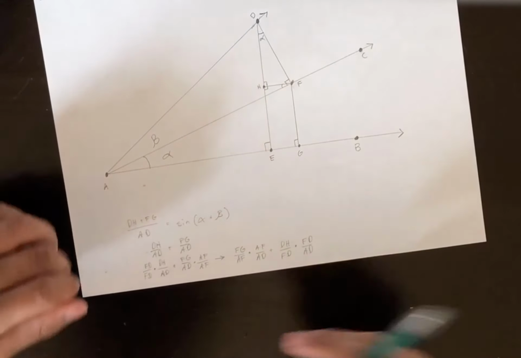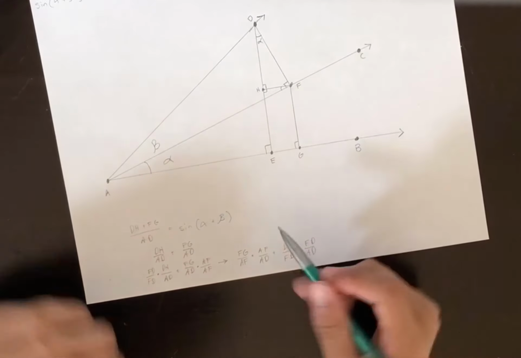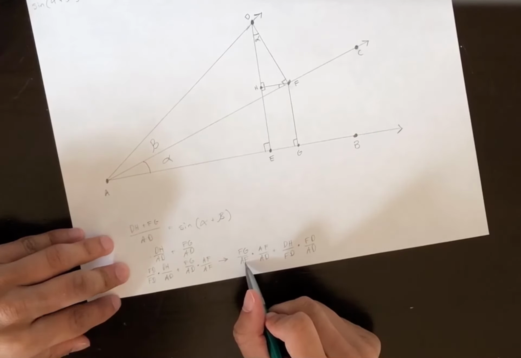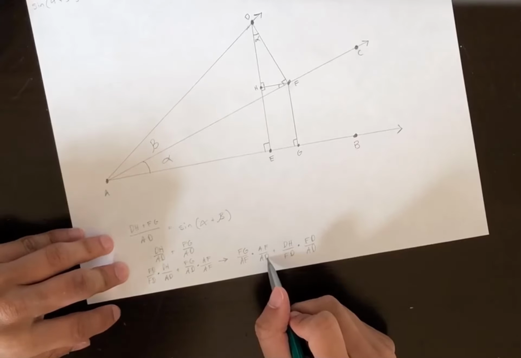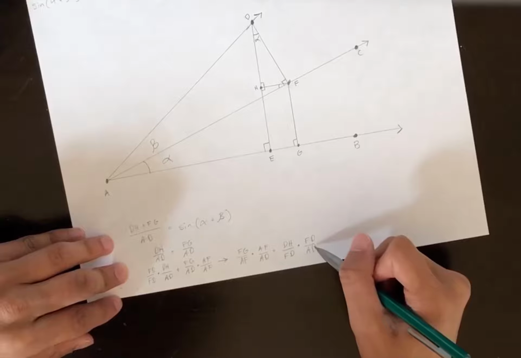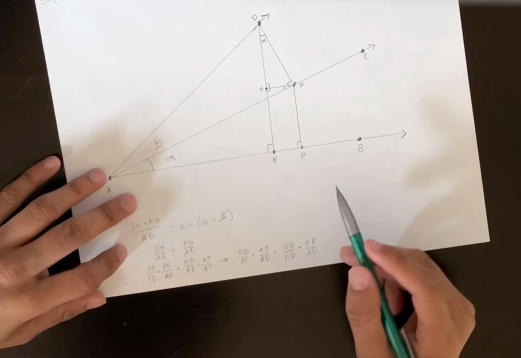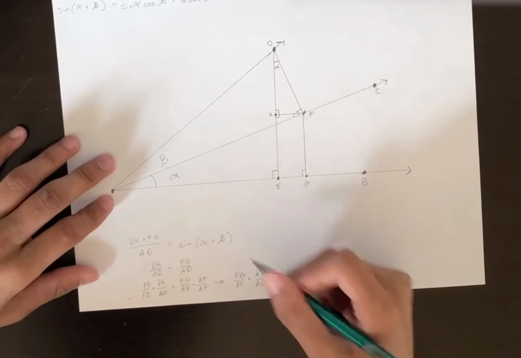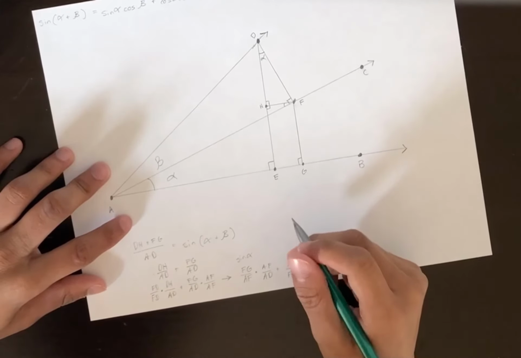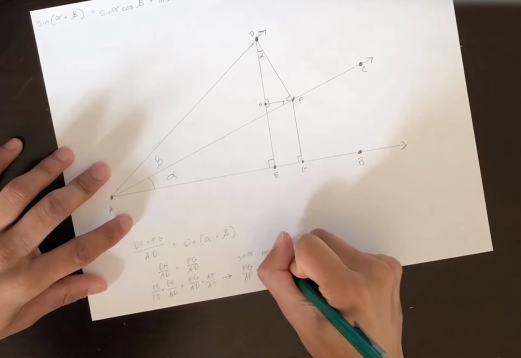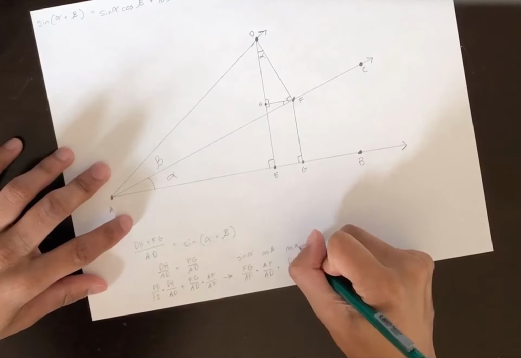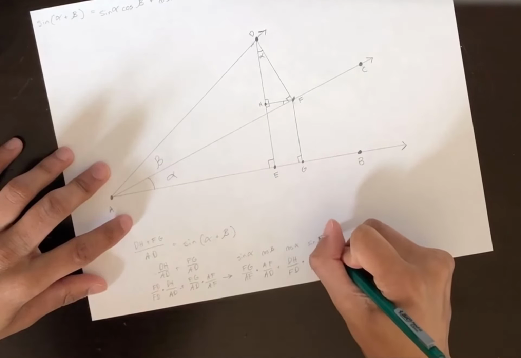So what this is saying is, this is equivalent to the sine of alpha, and this is equivalent to the cosine of beta. This is equivalent to the cosine of alpha, and this is equivalent to the sine of beta. So let's go ahead and look at this. I said this was sine of alpha, cosine beta, cosine alpha, sine beta.